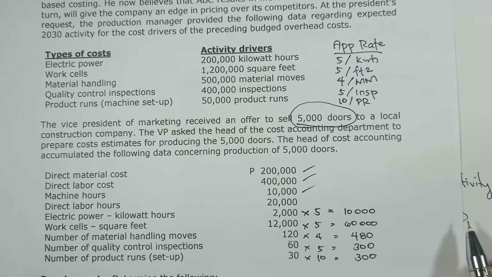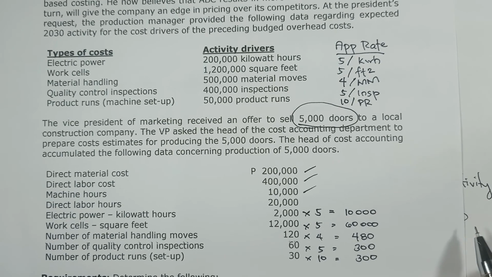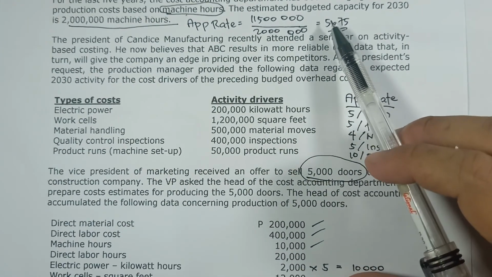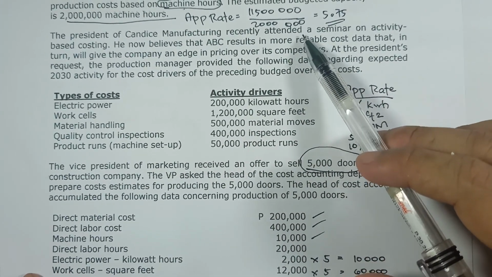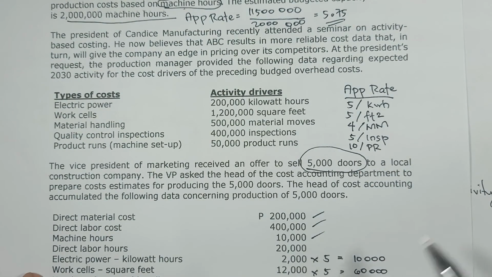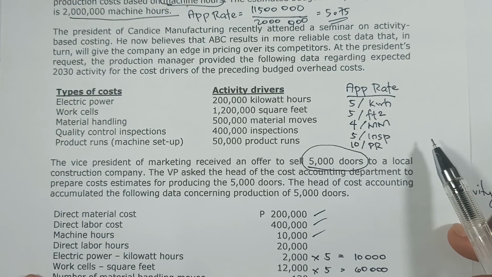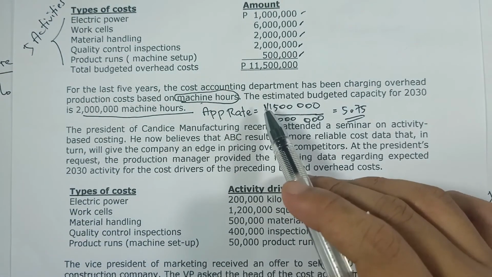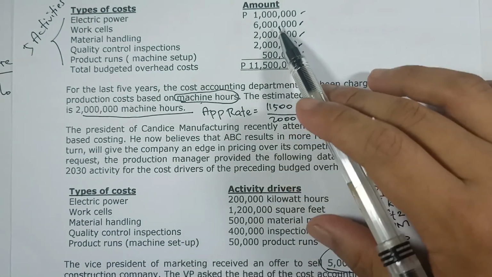So, earlier in traditional costing, what we did is we only had a single application rate and multiplied it by, of course, that activity driver, which is the machine hours. But this time, under activity-based costing, we first allocate the total overhead to the activities.